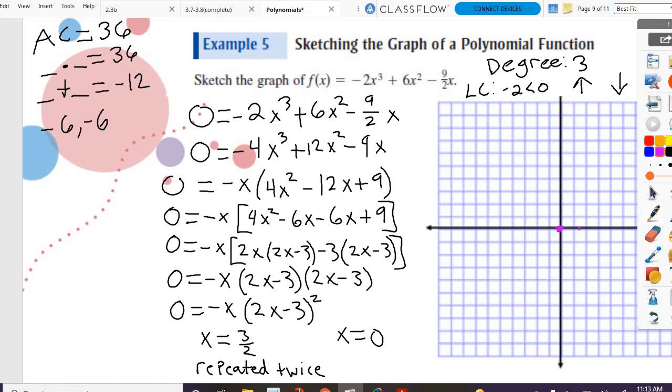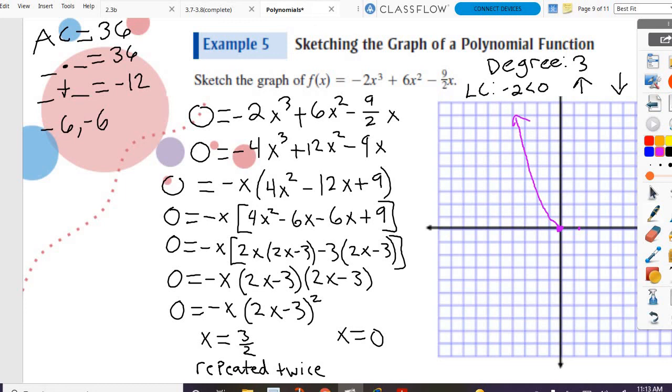Now, is there anything after 0 that we're allowed to cross through the x-axis? No, I found my 3 zeros, which means that we cannot cross the x-axis anywhere before 0. Agreed? And if we know that my left side has to point up, basically we're going to have to come down from the top until we get to 0.